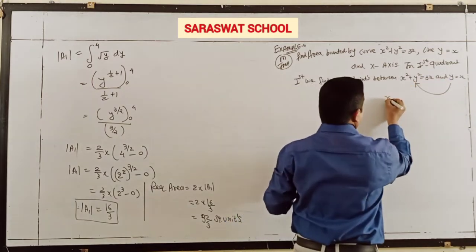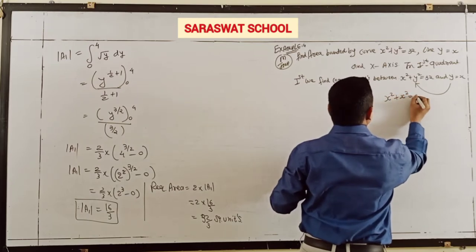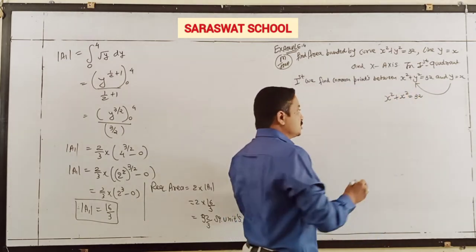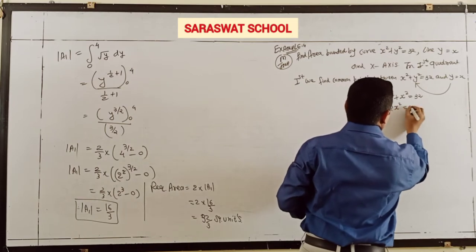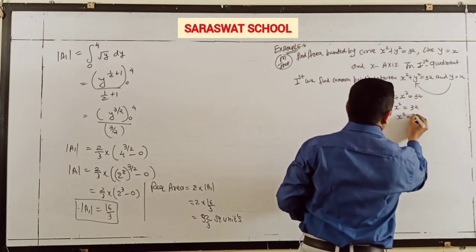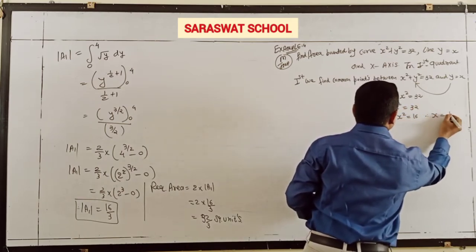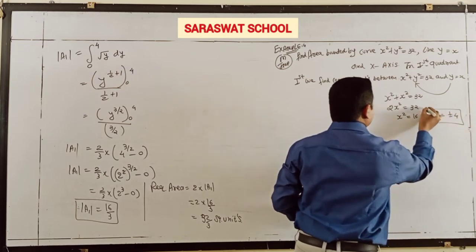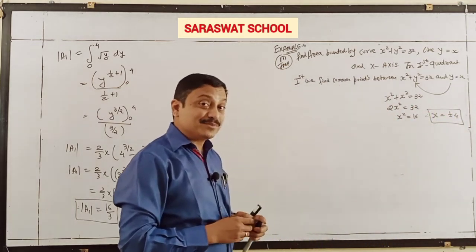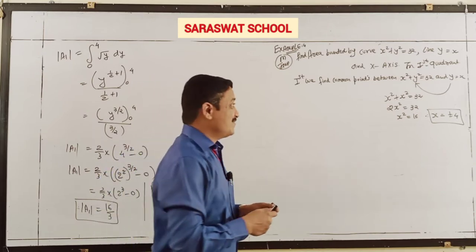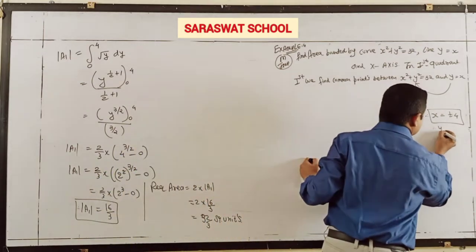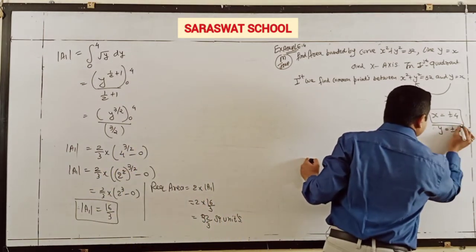You get x square plus x square is 32. So, students, 2x square is 32, x square is 16. So what is x? Plus or minus 4. So what is y? Again the same, y is also plus or minus 4.